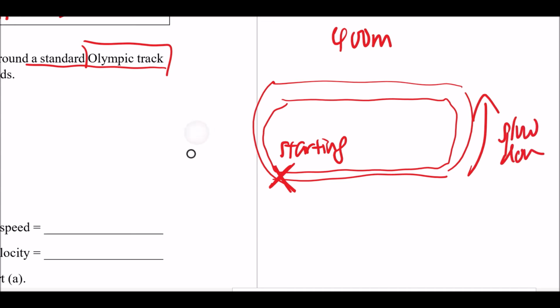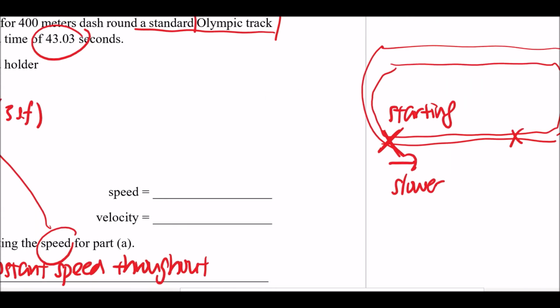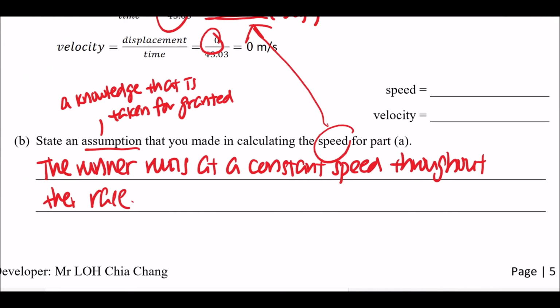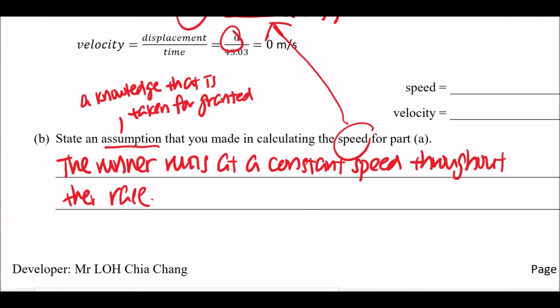Or rather, at the starting point when you just run off, you'll probably be slower than, for example, here when you're running at a faster speed. So realistically, in real life, objects are unlikely to travel at a constant speed throughout a journey.